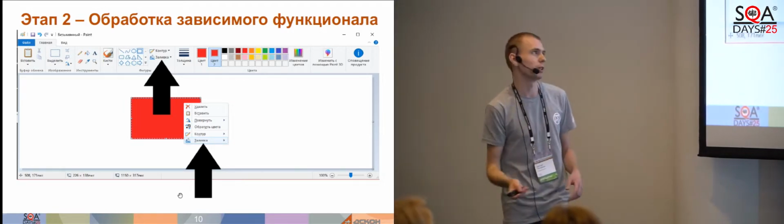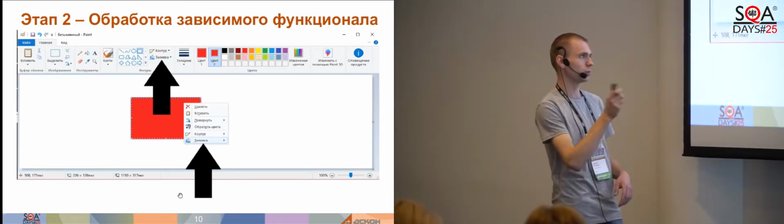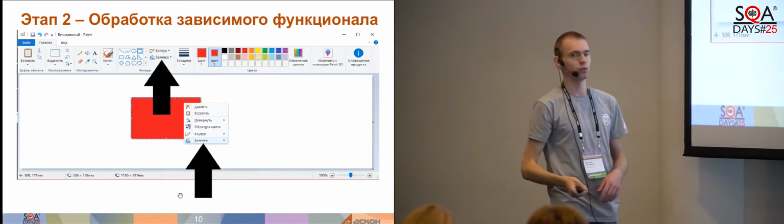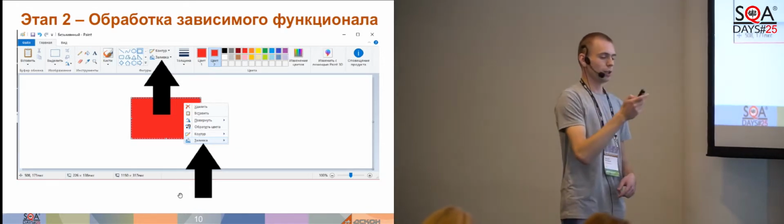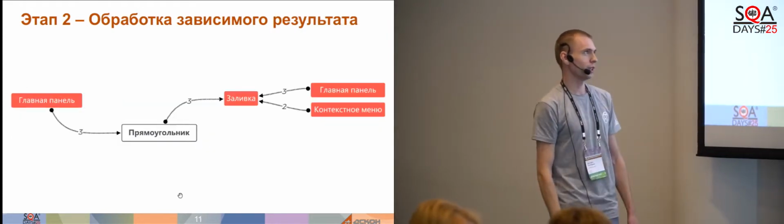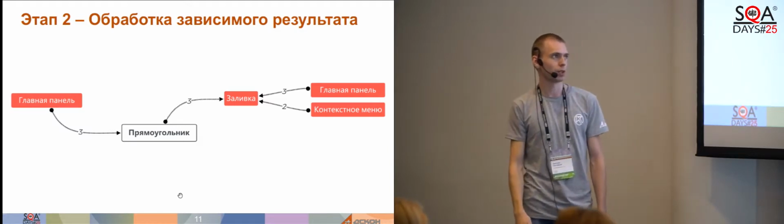If you click on the pane and try to call the context menu, there will be no menu. But when you construct a rectangular shape, then we can already use this context menu. We have to remember that.